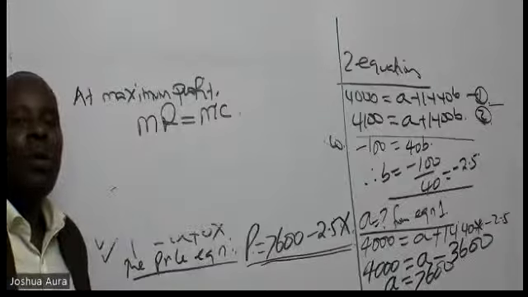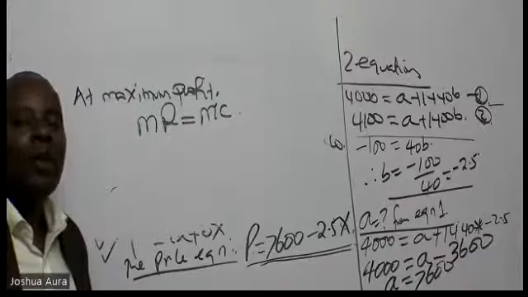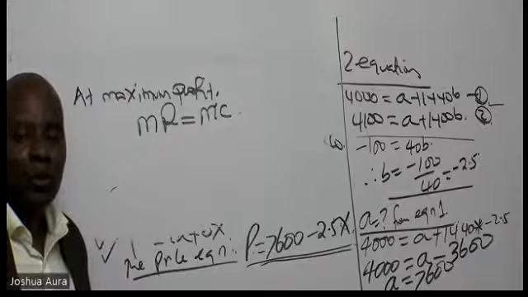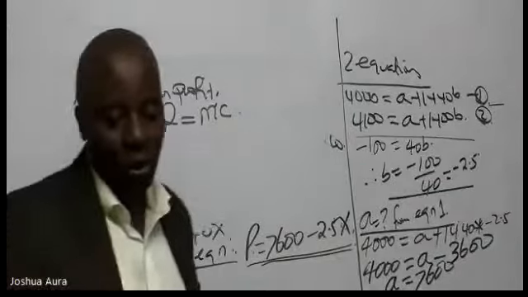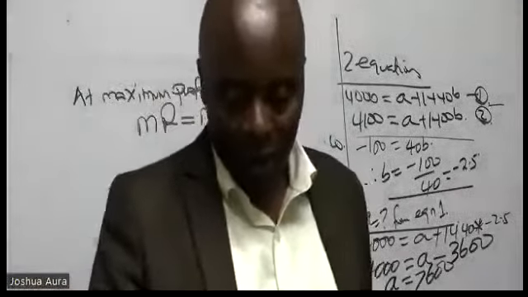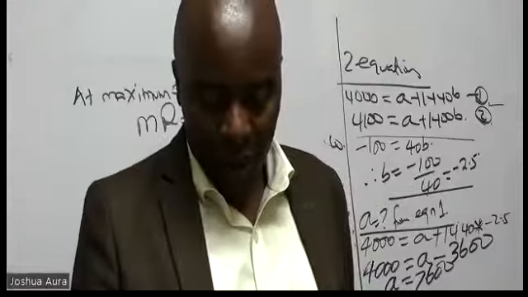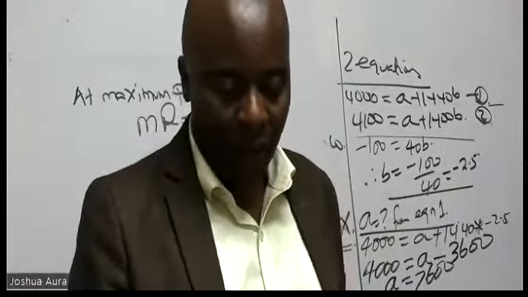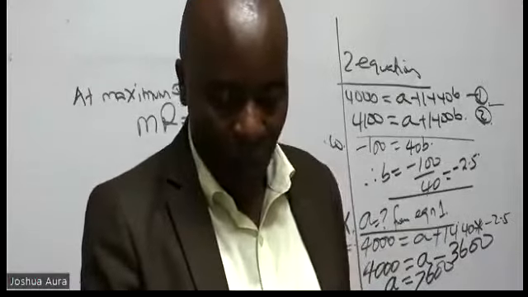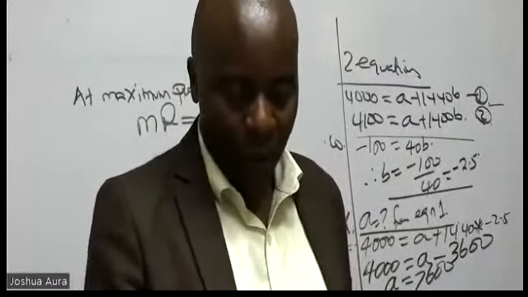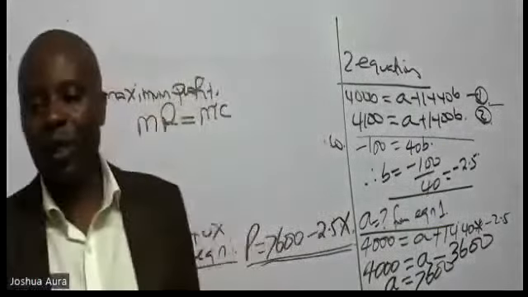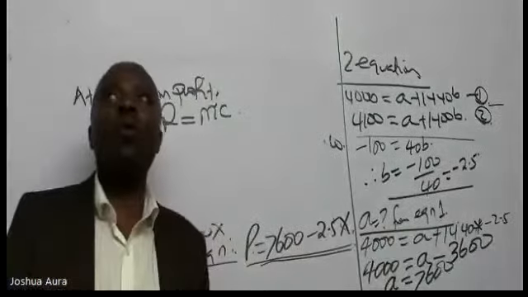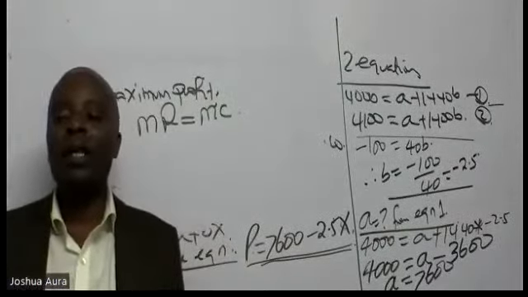I've got no problem whatsoever with marginal cost. I know marginal cost is variable cost, and variable cost here is 2,000 for the double room.